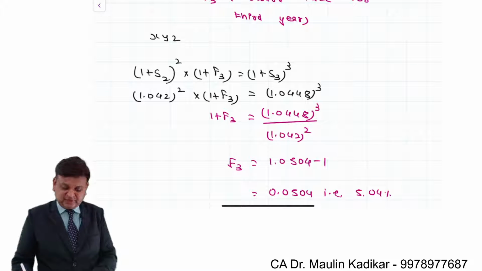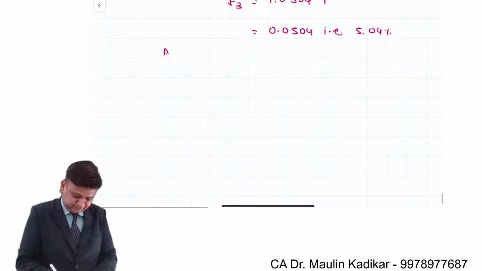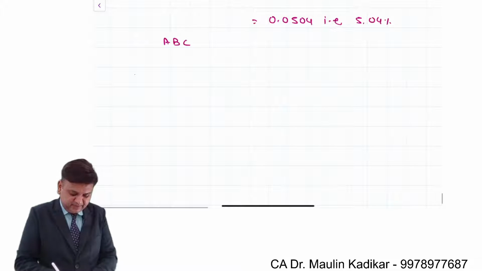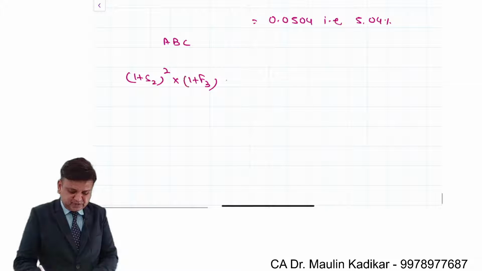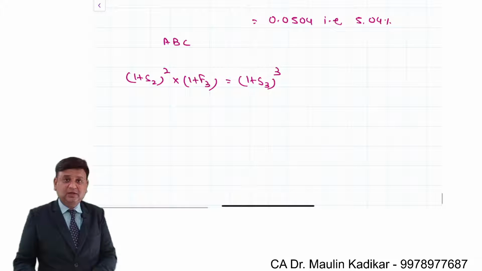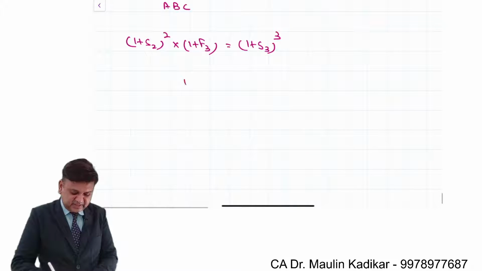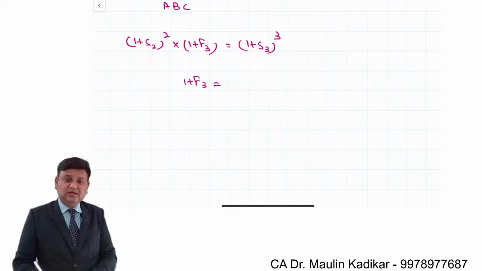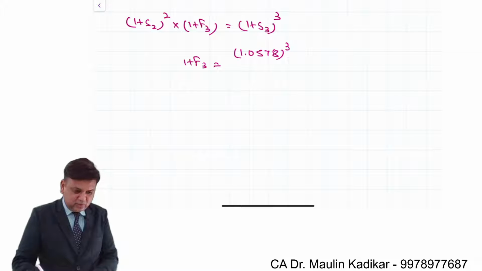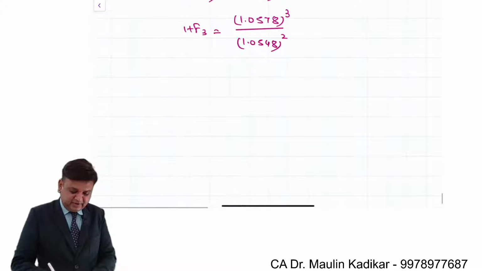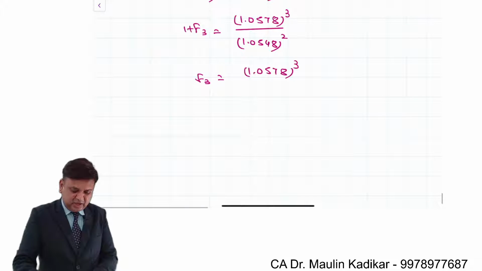Now whatever we have done for XYZ, similarly we will do for ABC. It will be 1 plus spot for the second year raised to 2 into 1 plus F3 is equal to 1 plus spot for the third year raised to 3. So 1 plus F3 is equal to, for ABC the third year spot rate is 5.78%. So 1.0578 raised to 3 divided by 1.0548 raised to 2.